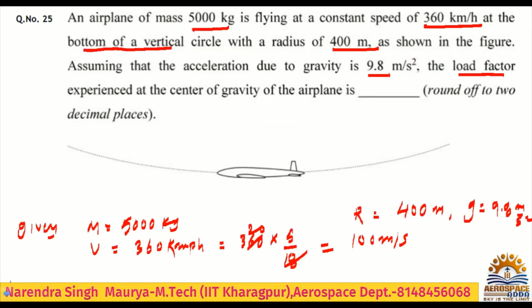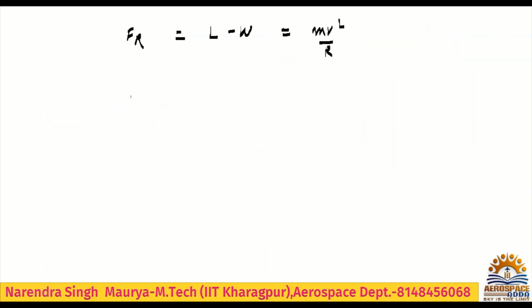Fr is the resultant force, which is L minus W, which is equal to mv square by r. As in this problem they are asking the load factor, what is the load factor?